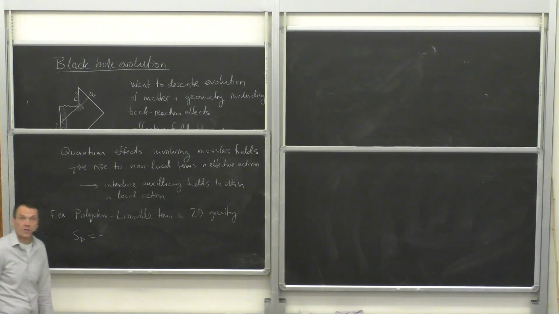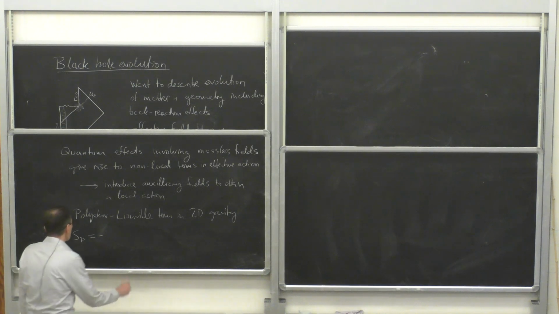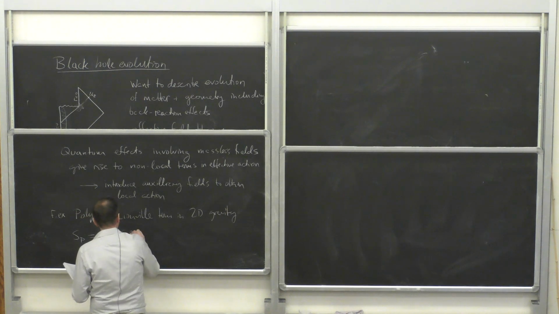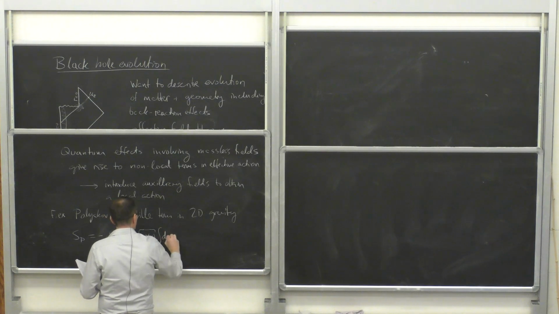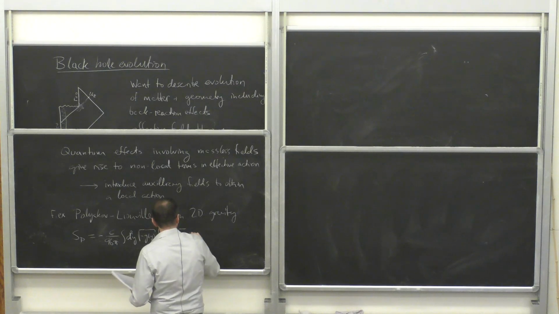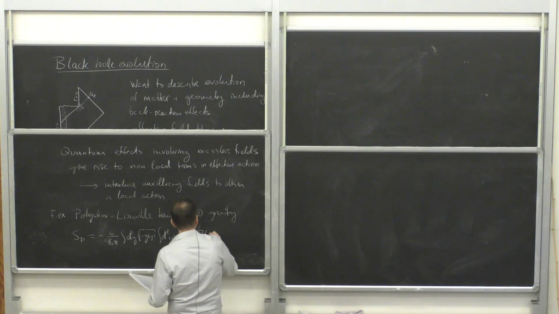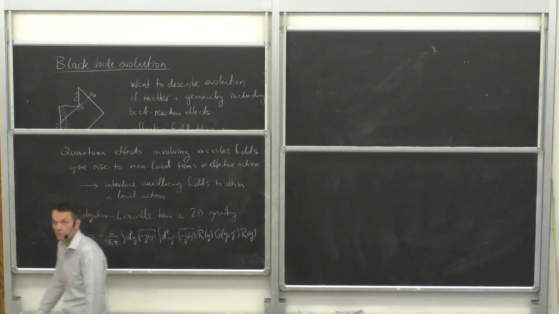Let's say that your matter theory is a conformal field theory with conformal anomaly C. I'm just showing you how one proceeds. This term is non-local, so I have the integral of d squared y square root of minus g at y, d squared y prime square root of minus g at y prime, and then the Ricci scalar evaluated at y, then a propagator, basically a Green function between y and y prime, and the Ricci scalar at y prime. Some of you may be familiar with this.